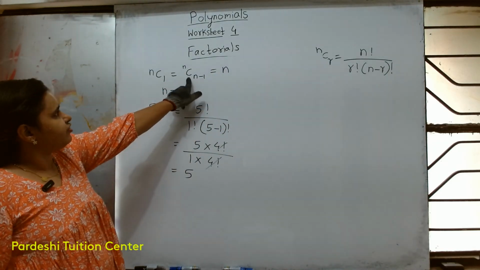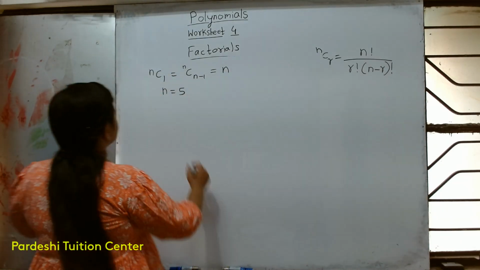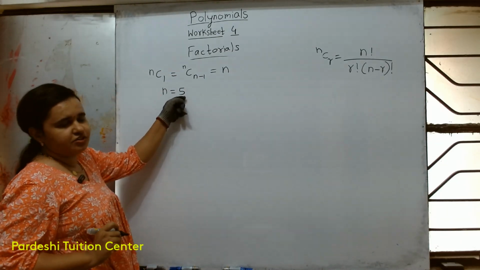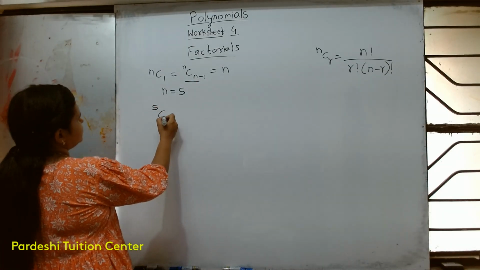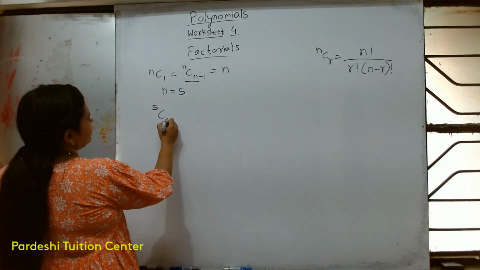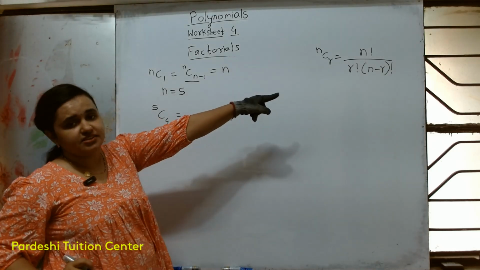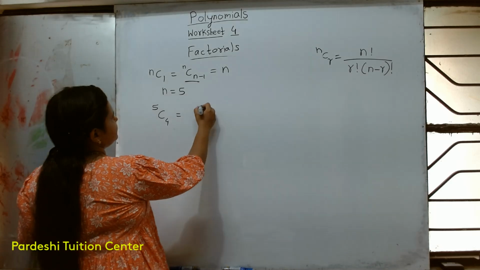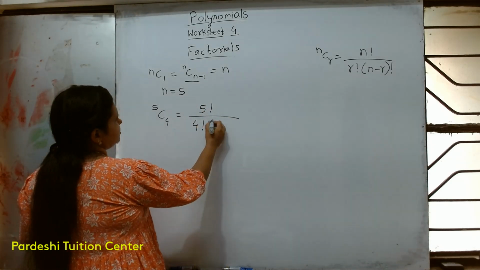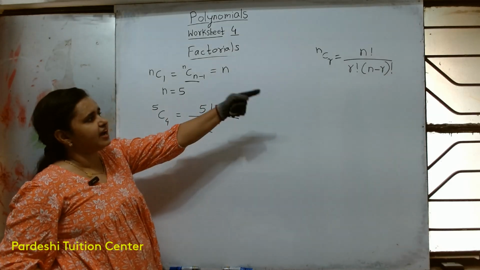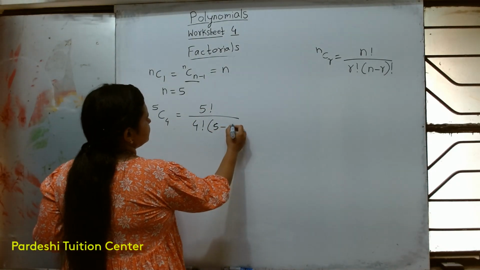Now, we will check for nC(n minus 1). If I again take n equal to 5, it will be 5C(n minus 1), that is 5 minus 1, that is 4. If I put that in the formula, it will be 5 factorial upon r, here 4 factorial, into n minus r, means 5 minus 4, so 5 minus 4 factorial.